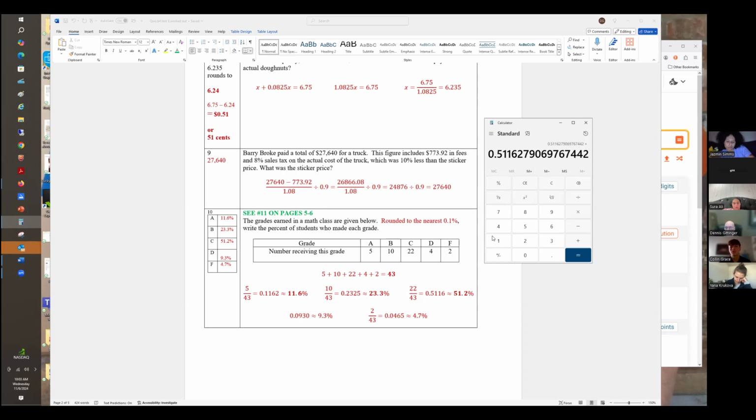Again, with your calculator, you can just move the point 2 places by multiplying by 100. Now, the place that we're going to round it to is where the 1 is. And we look 1 digit to the right. And is that big enough to bump it up to 2? Yes, it is. Okay, 51.2.